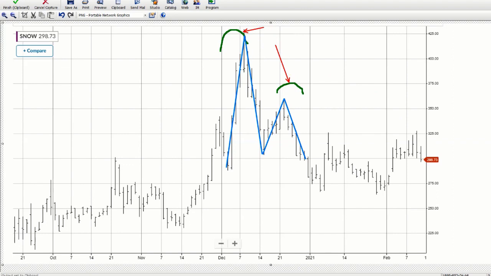Since we topped out in Snowflake, the market's kind of been going between 275 and 325, but I can detect certain price action right here at this resistance area around the $325 level. Each time we went there, we got set back and we closed on the low. So it shows that there was a ton of selling at that 325 area.